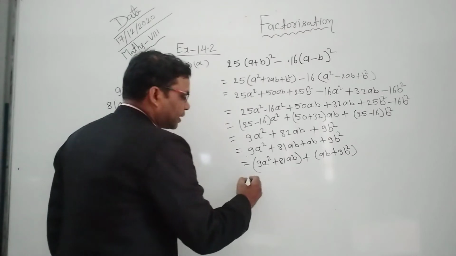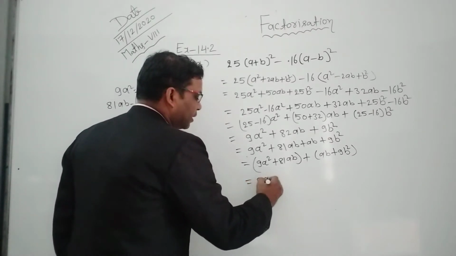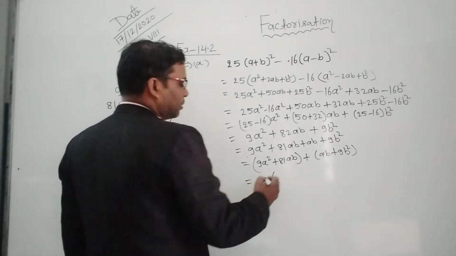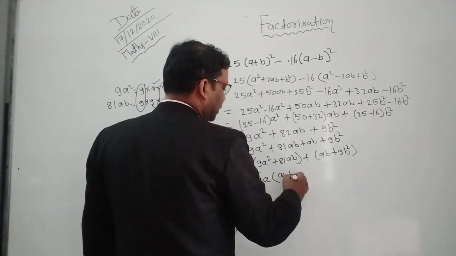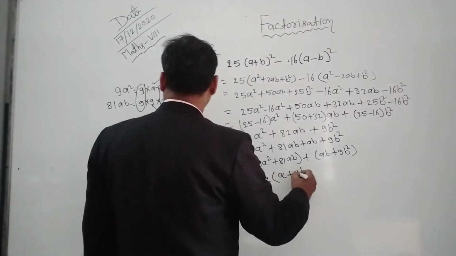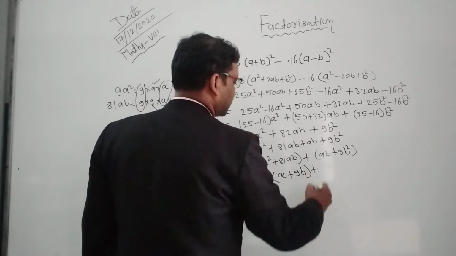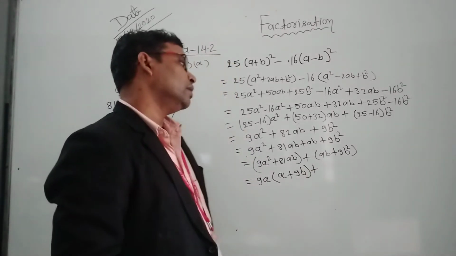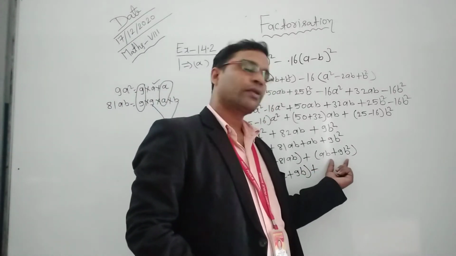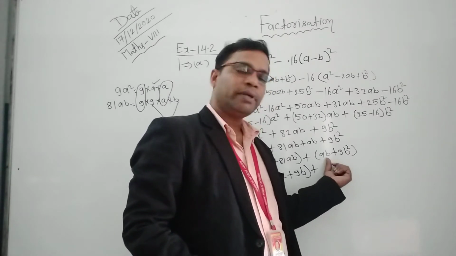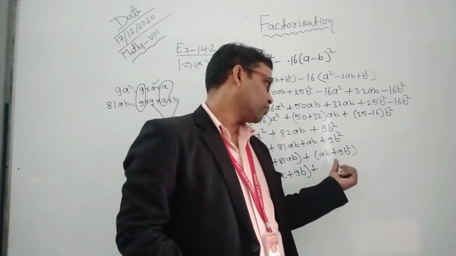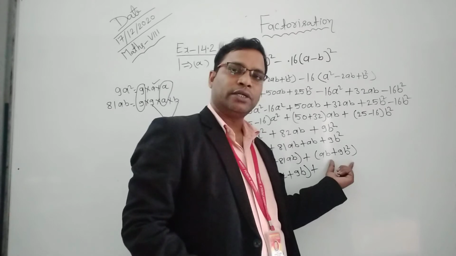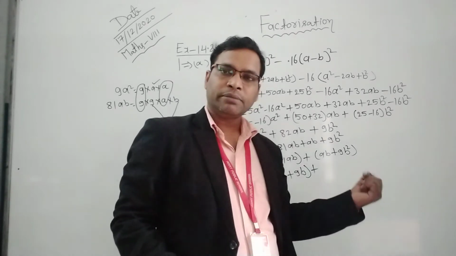So taking common 9A in the first group, we have A and here 9B. This is clear. Plus, now in the second group, AB plus 9B square, B square is common in the second group. So you can take common B square.